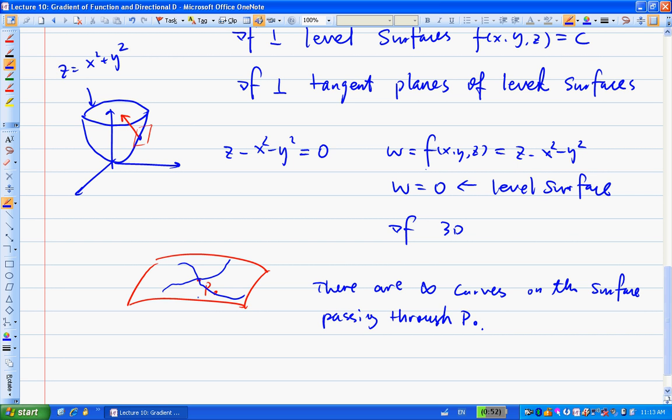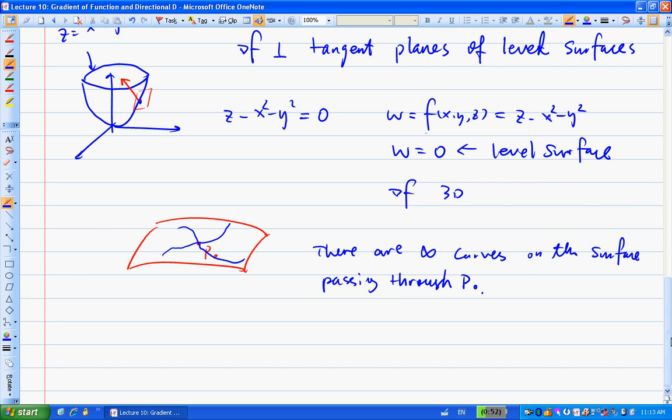And we learned that for 3D curves, we use parametric equations to describe the curve. So for any of the curves here, I can use a parametric equation. I don't know what it is, but suppose this is the parametric equation for the curves in the surface.